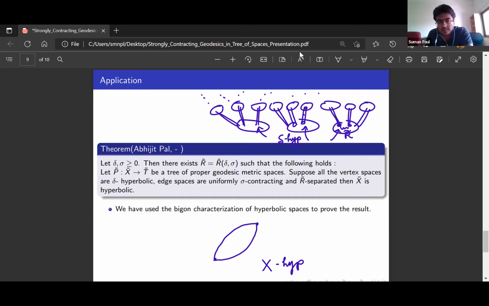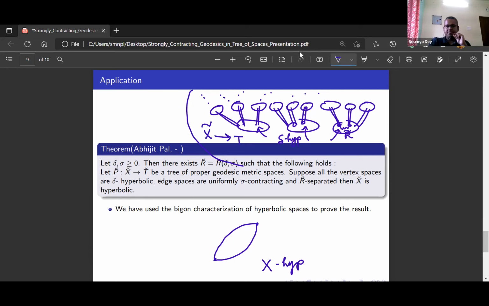So how do we define a tube space? This whole space is X tilde, and there is a map from X tilde to some tree. T tilde is a tree.